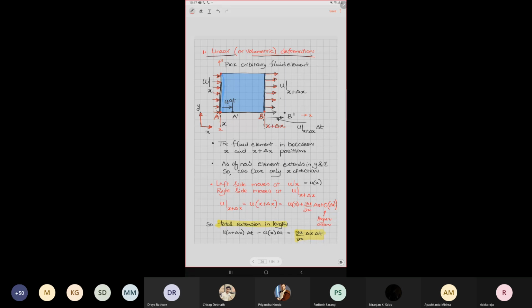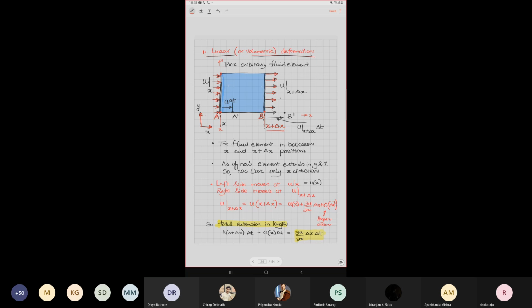The surface is measured from reference coordinates, at x location. The other infinitesimal element is at x plus delta x location. Both sides are subjected to velocity, maybe equal, maybe unequal. If it is equal, it just gets translated. If it is opposite and equal, it will be squeezed.